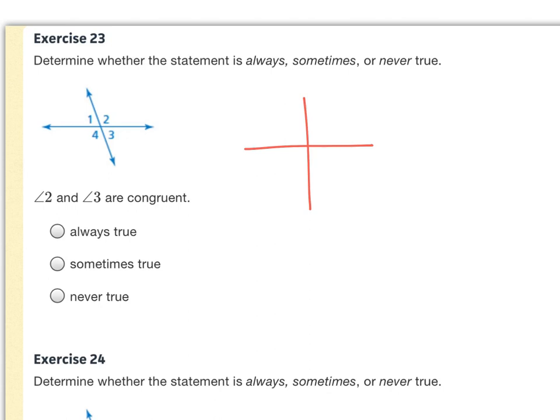The only way that they would be congruent is if angle 2 was a right angle. That would make angle 3 also a right angle, and not only that, but it'd make all of them right angles. These would be just two perpendicular lines. So the answer to this one is sometimes. In the picture they've got drawn up here, I would say no. But if I were to angle those lines so that they met at right angles, then angle 2 and angle 3 could be congruent only if they're all 90 degrees.